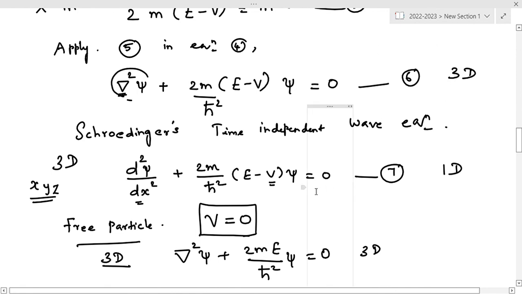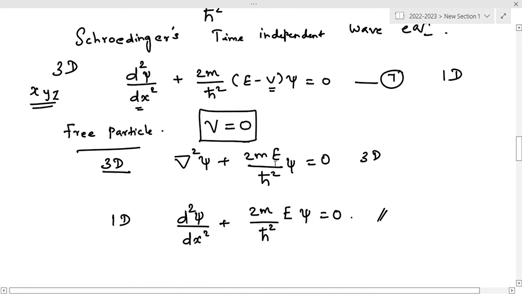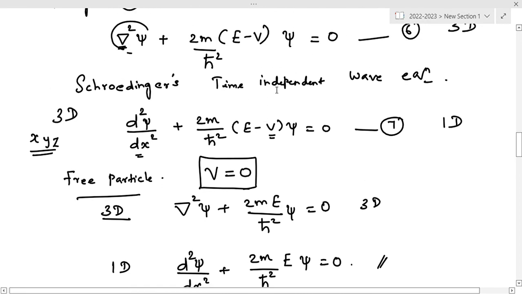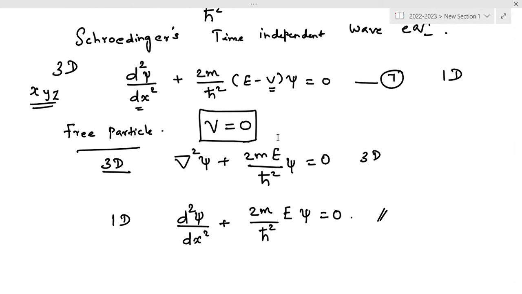It can also be derived for one-dimensional form, where del square psi should be replaced by d square psi by dx square, where equation 6 and 7 can also be expressed for freely moving particle, where the potential energy is considered as 0. So the same 6 and 7 equations are written with v is equal to 0. Then we obtain Schrodinger's time independent wave equations in three-dimensional form and in one-dimensional form.